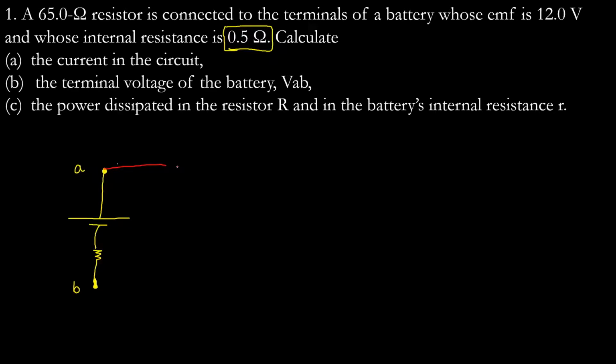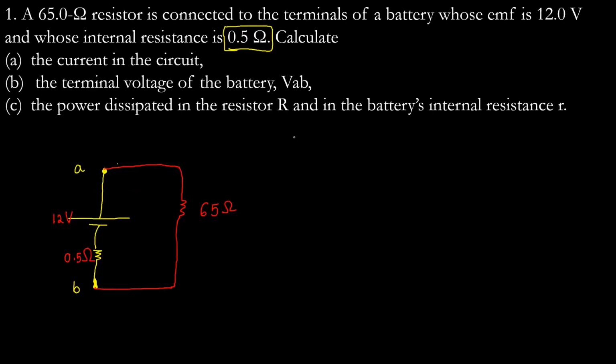To the two terminals A and B, they have connected an external resistor which is 65 ohms. This is 12 volts and this is 0.5 ohms.